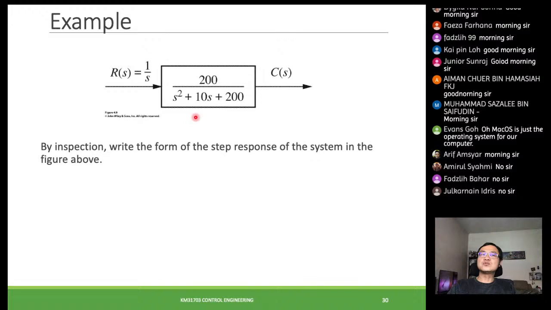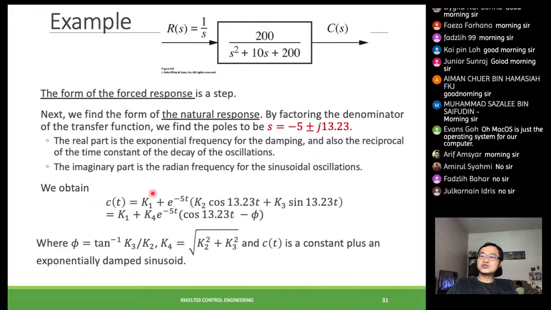Because of this underdamped response, we can also obtain or estimate the equation of it by putting into our equations. So our solution would be in the form of our constant, which corresponds to the step input, plus e to the power of -5t, bracket k cos of this value, right?